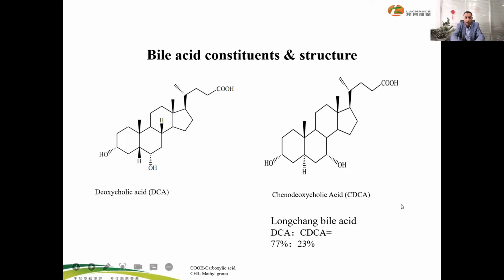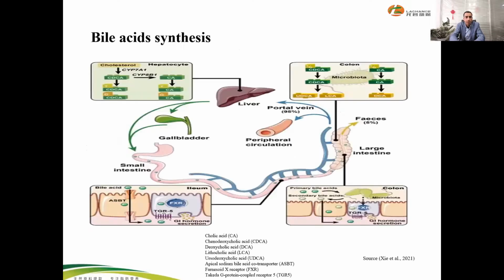We have the first one, DCA, the deoxycholic acid, and the main one, chenodeoxycholic acid. DCA makes up 77% of the bile acid, and chenodeoxycholic acid contains 23%.